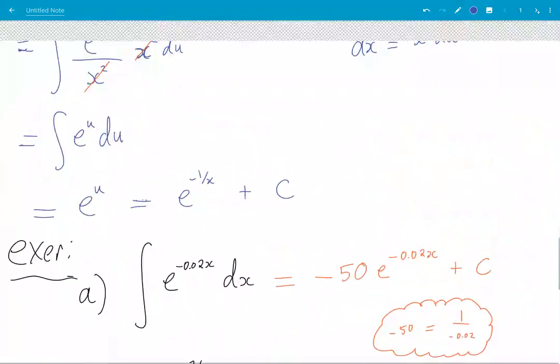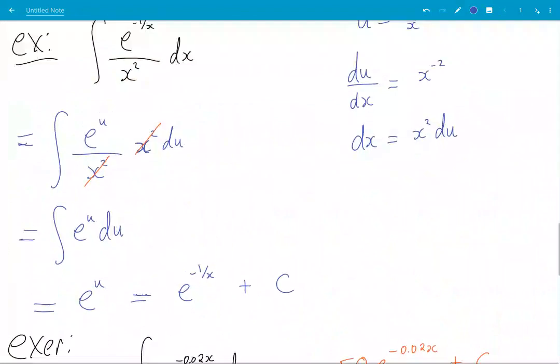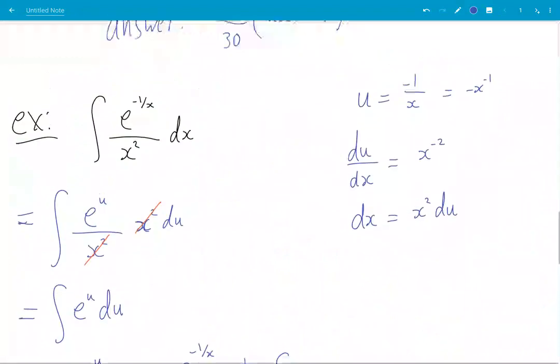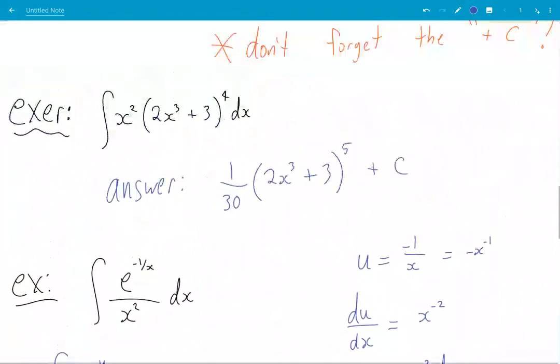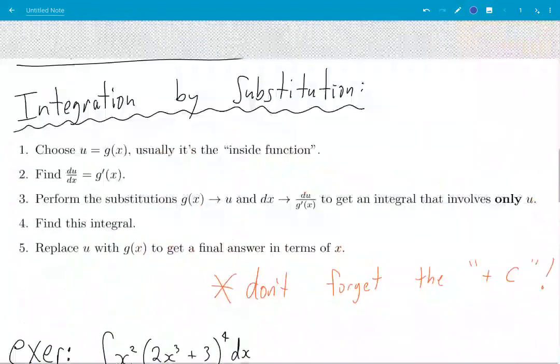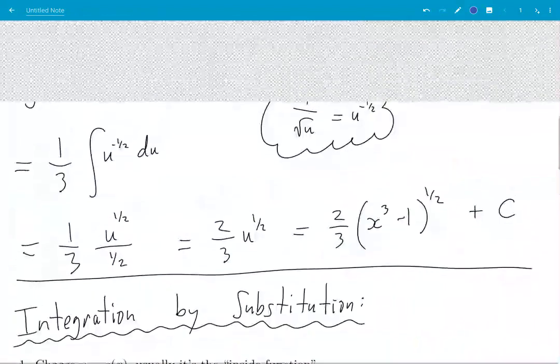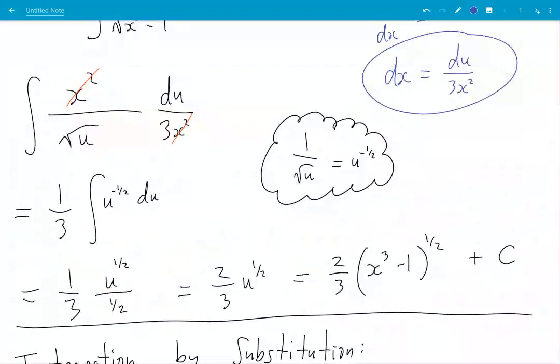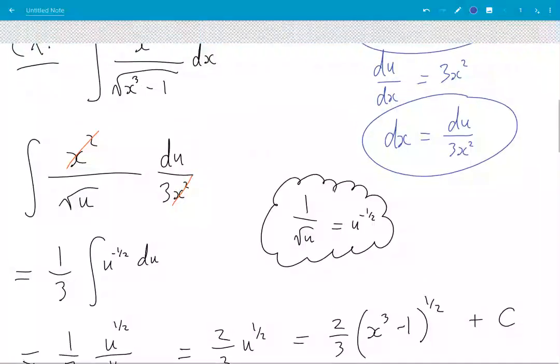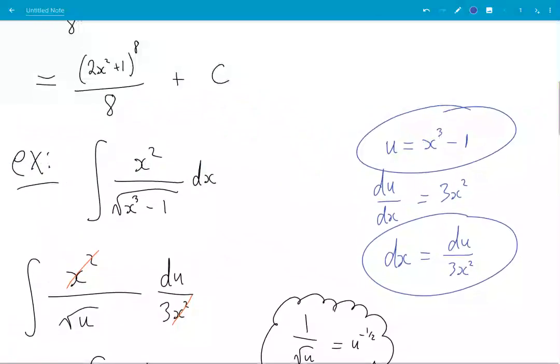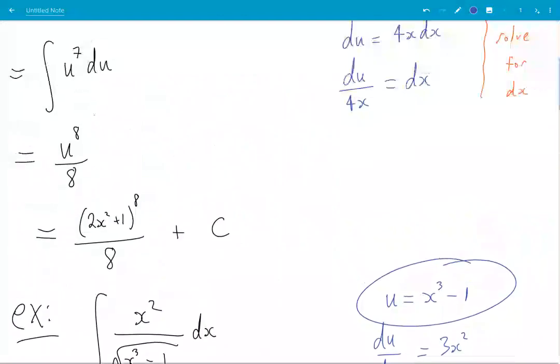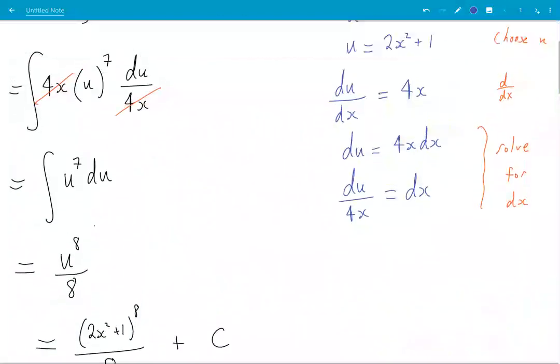Let's go all the way back up here. I hope I'm not giving you a headache by scrolling here. Is this the first example?